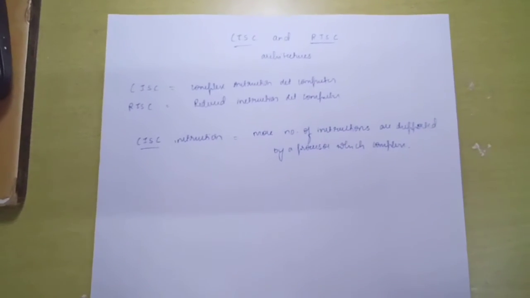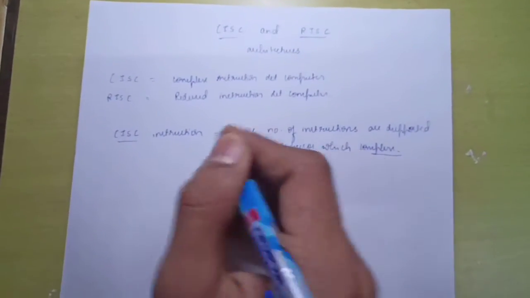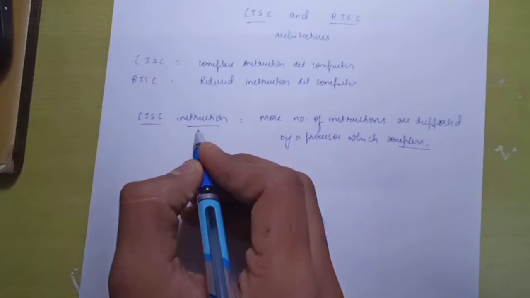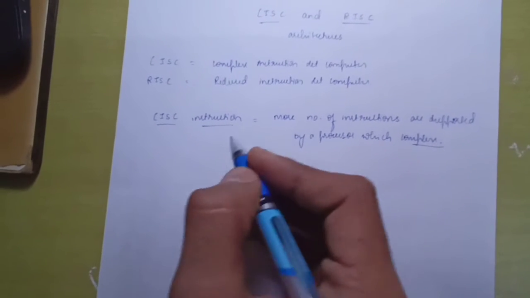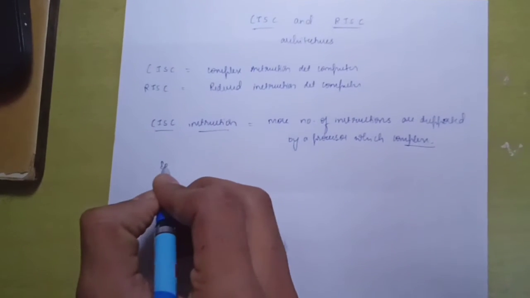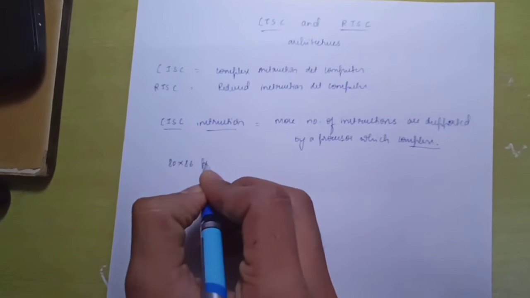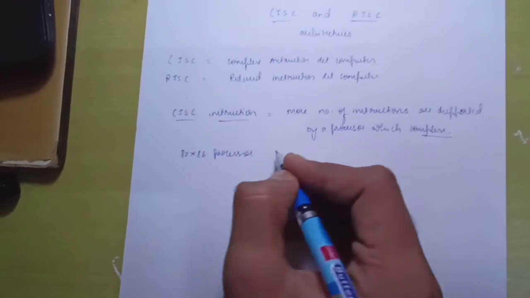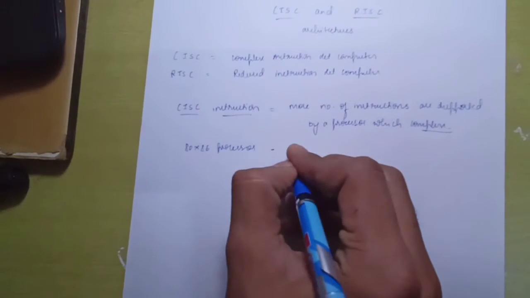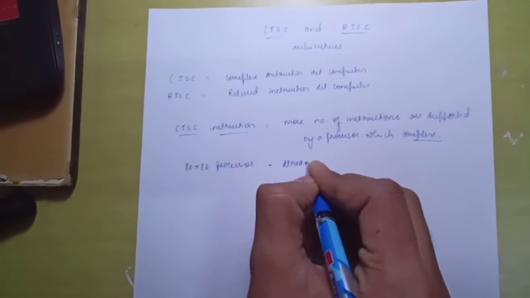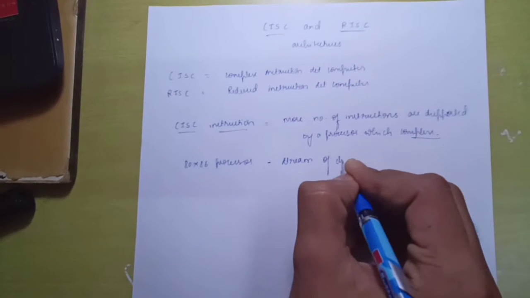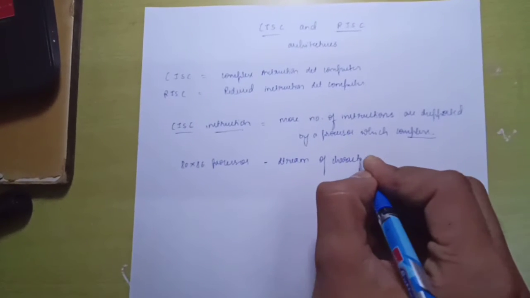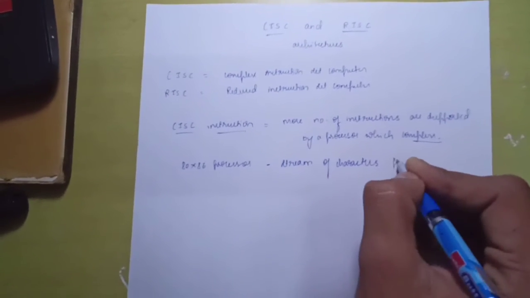So by saying a complex instruction, I mean complex instruction. To give an example, the 80x86 processor has an instruction to take the stream of characters from an IO. So this is an example of a complex instruction.